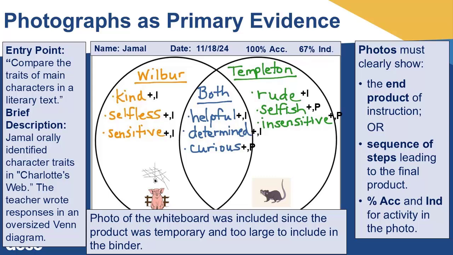It's always good as a reminder for you too, because sometimes you don't have time to calculate everything at the moment, so you just have to know when it was prompted. So this photo, it clearly shows this end product. Sometimes you might want to show a sequence of steps that lead to the final product. And you're going to make sure that the accuracy and independence is reflective of the evidence.